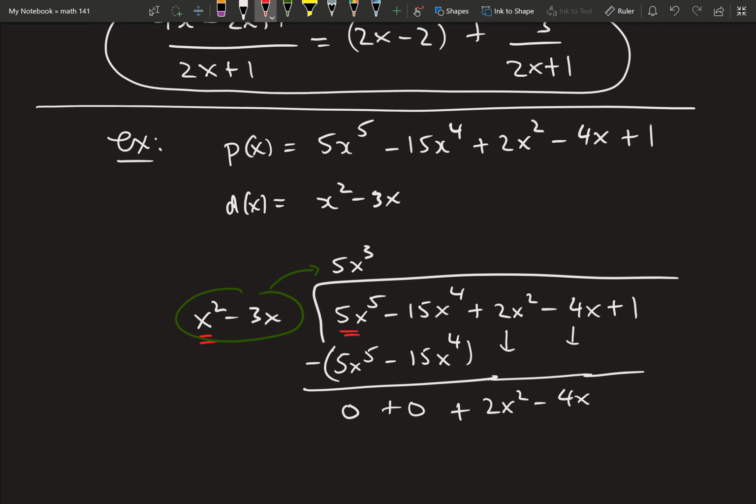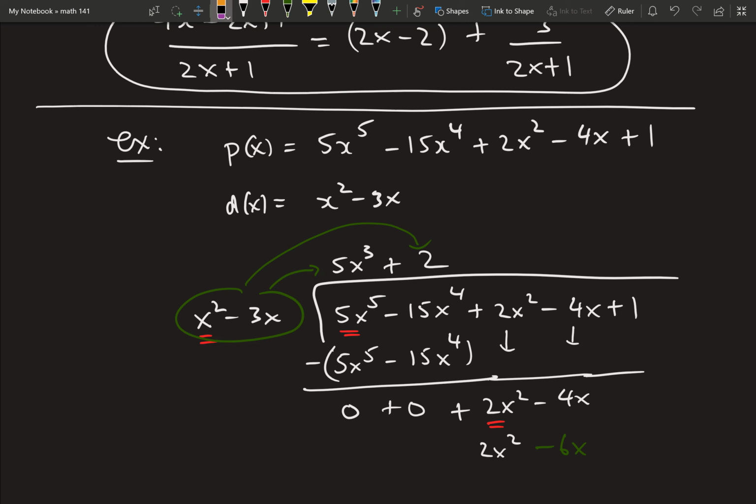And so the new lead term is 2x squared. So when I divide 2x squared by x squared, we get plus 2. So plus 2 here. What does that give me? That gives me 2x squared, because again, we're going to multiply this by 2 to get 2x squared minus 6x.